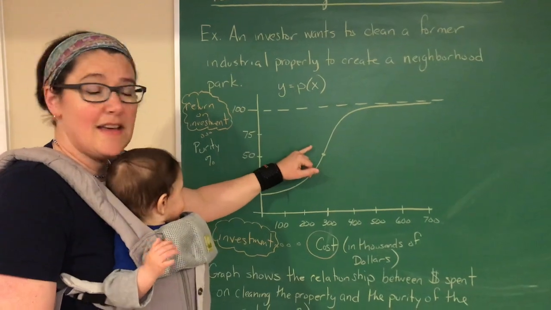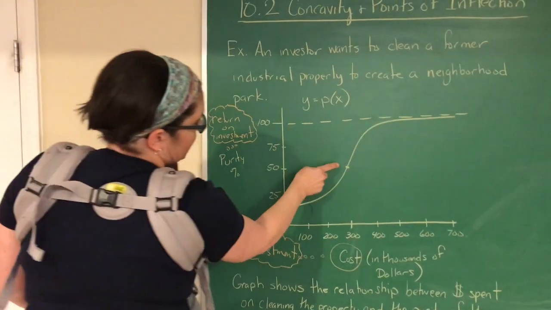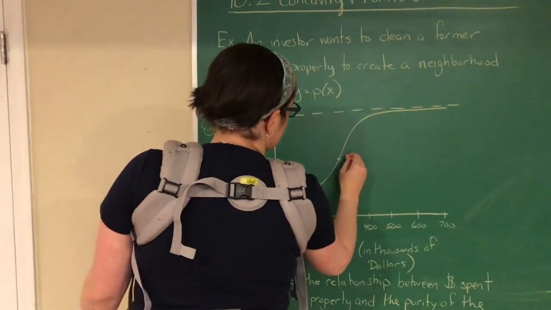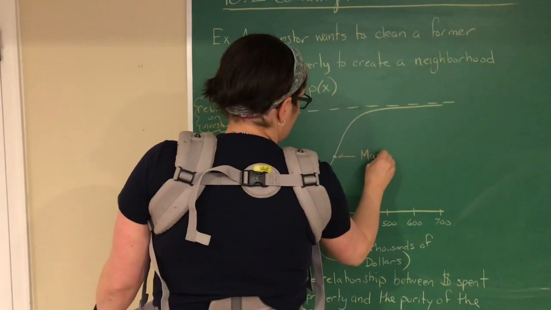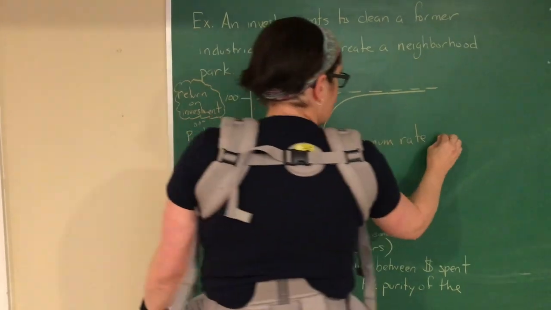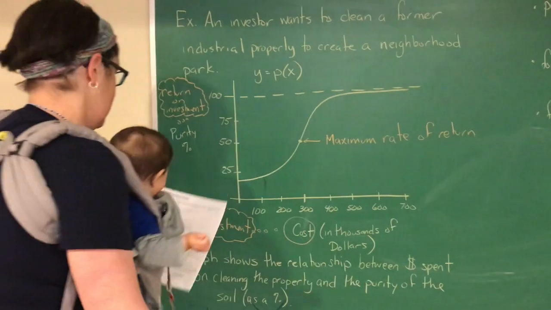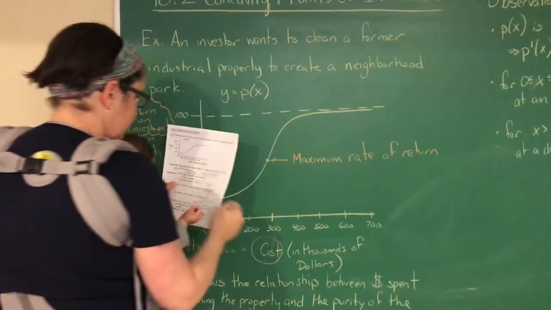So what that says is that our maximum rate of return is going to occur right here at this steep spot. So the maximum rate of return occurs at this point.